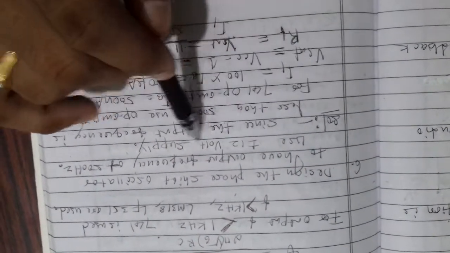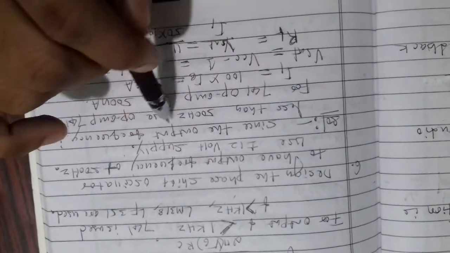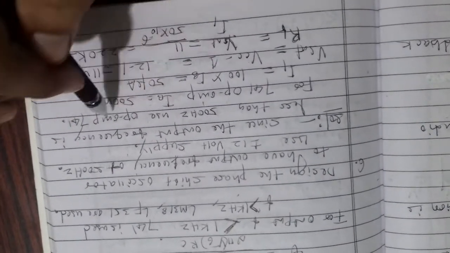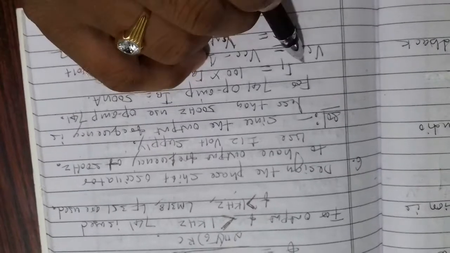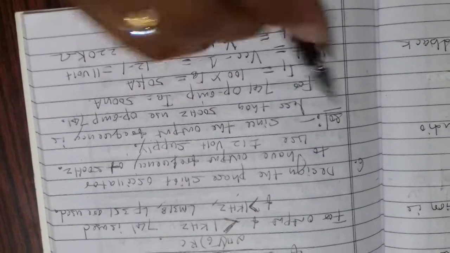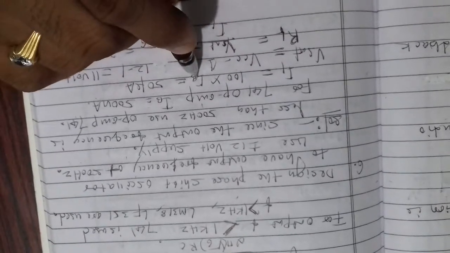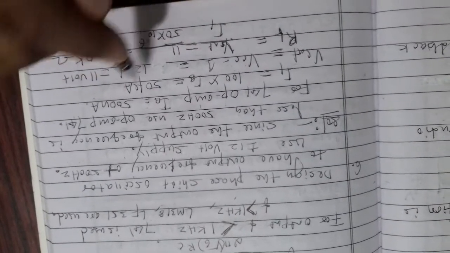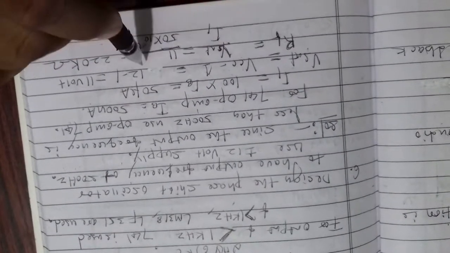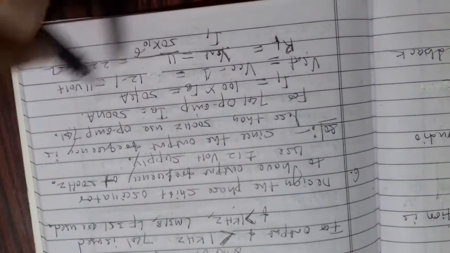Use plus or minus 12 volt supply. Since the output frequency is less than 1 kHz, use op-amp 741. For 741 op-amp, IB is equal to 500 nanoamperes. I1 is equal to 100 into IB, which is 50 microamperes. Saturation voltage is equal to VCC minus 1, which is 12 minus 1 is equal to 11 volts.